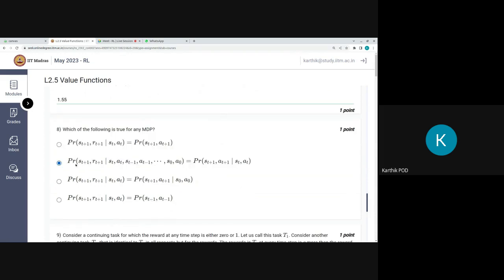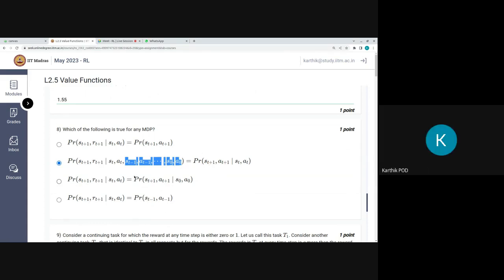Problem 8 we just saw, right? The whole idea of Markov state is the probability of the future is independent of the history, independent of your past, given your current present, right?